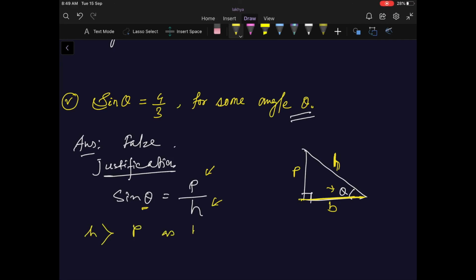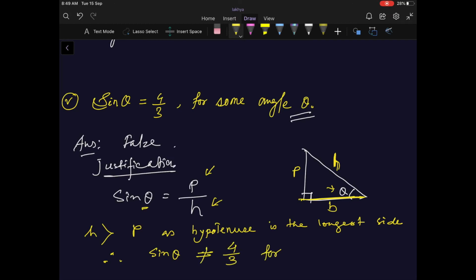As hypotenuse is the longest side, therefore sine theta cannot be equal to 4/3 for any angle.